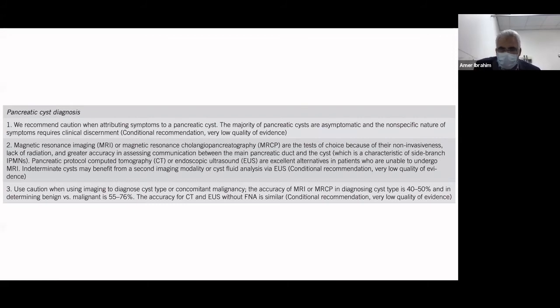So it will get it wrong 1 in 4 cases. And this is very important when you speak to the patient, because if you tell the patient your MRCP is good, so definitely this is benign, and then actually it is not benign, it is malignant. So this is very important.